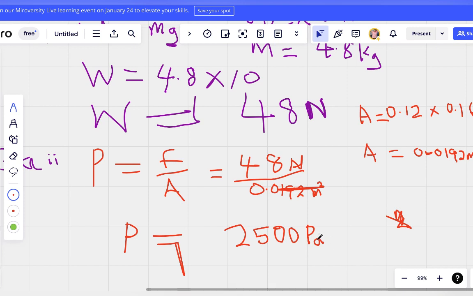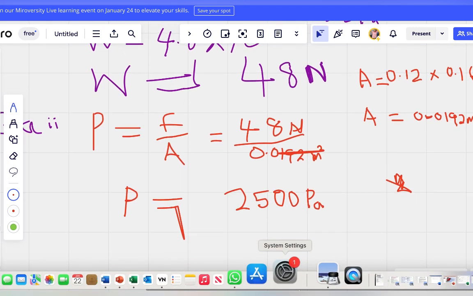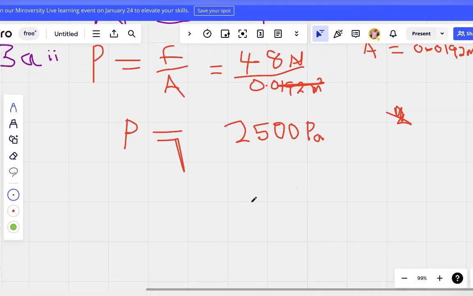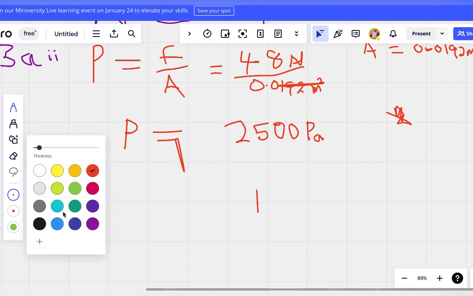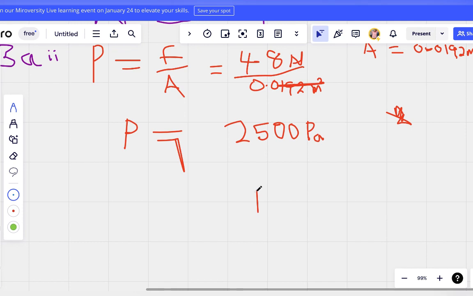Let me rewrite it here. You can write P equal to 2,500 Newton per meter square, because 1 Pascal equals 1 Newton per meter square.